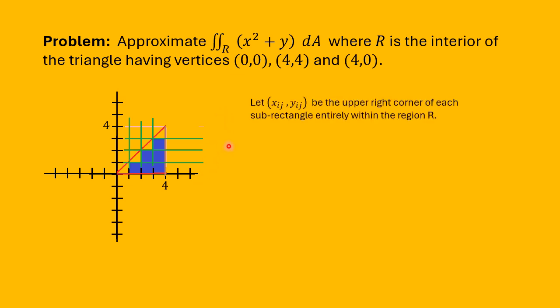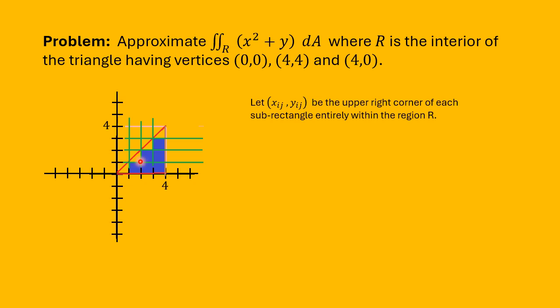So here's what we'll do. To get the Riemann sum, we need to pick a point in each of these subregions. I will pick the upper right-hand vertex of each subsquare. So for this first subsquare down here, this vertex is at 2, 1.